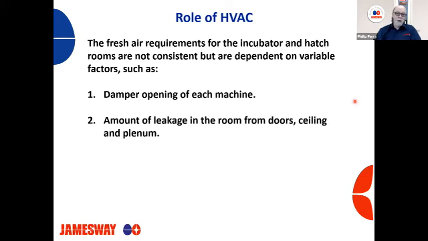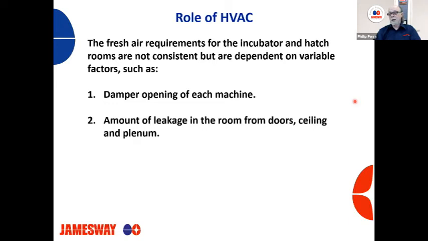So we're constantly, hatchery managers, going in and making sure hallway doors are closed. They get left open, or they don't seal properly, or they're propped open. You can also have leakage in the ceiling and in the plenum.